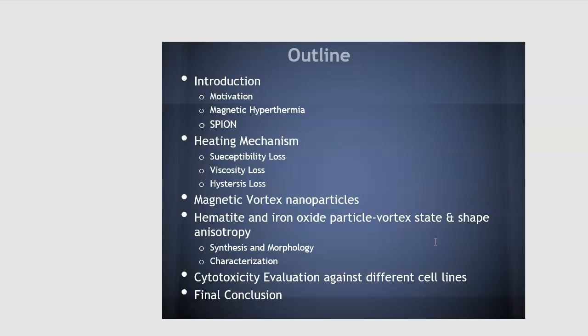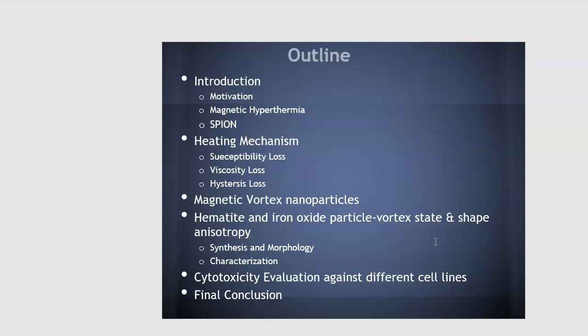I will talk about synthesis and morphology also. Then characterization, how we can characterize them to obtain one of the best specific absorption rates. I will talk in that section.